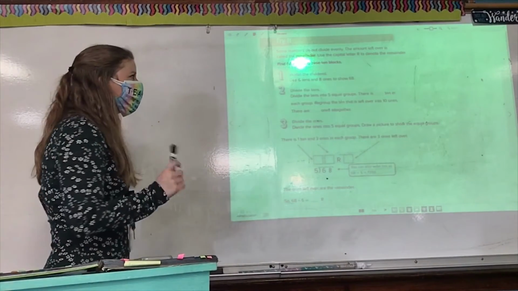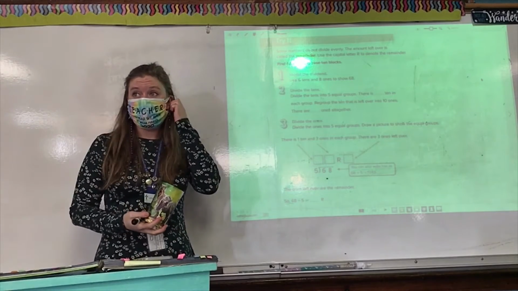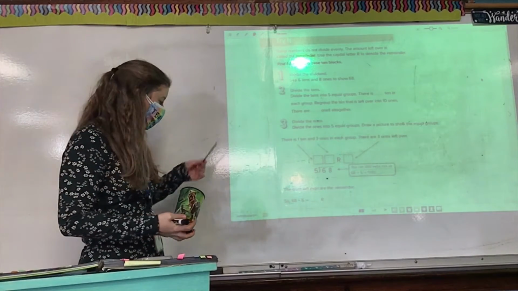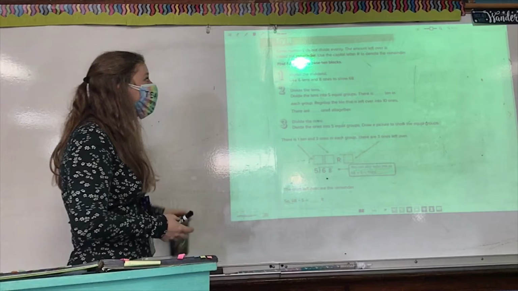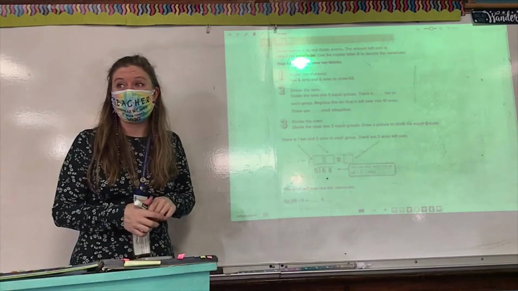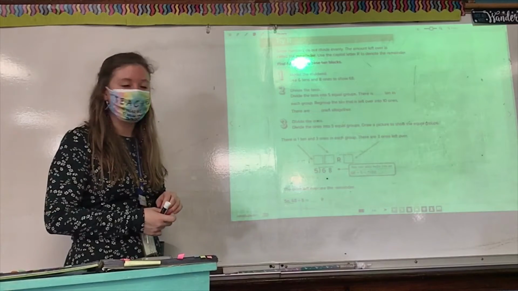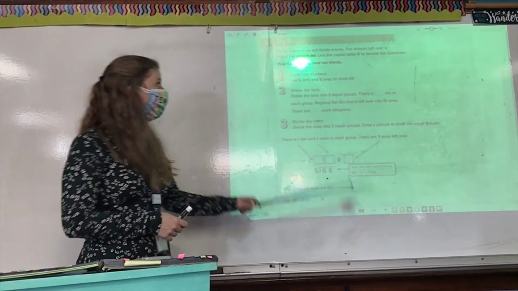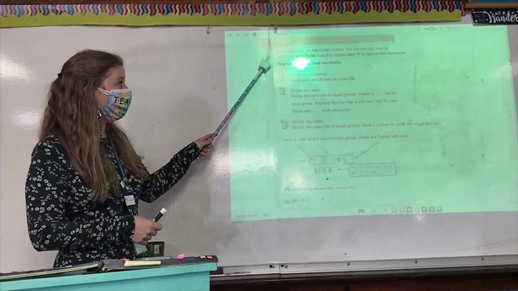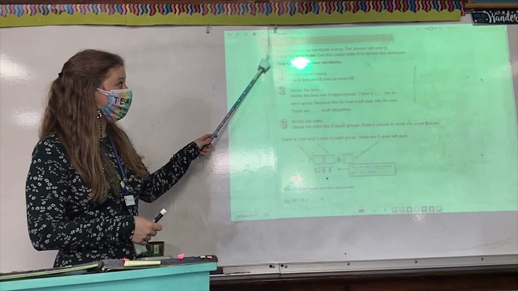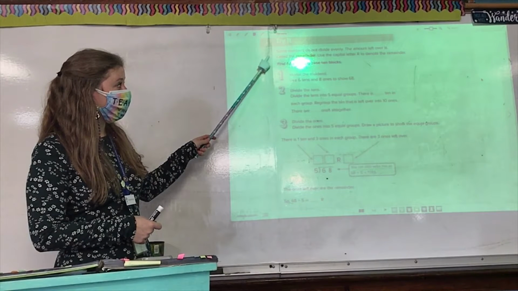Now, underneath the try it is a very important sentence. Smith, please read the sentence under the words try it. Everybody read along while she reads out loud. Some numbers do not divide evenly. The amount left over is called the remainder.